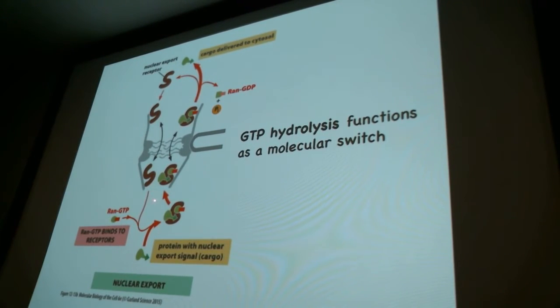The binding of the protein to the receptor is allowed in the presence of RAN-GTP. Then when this RAN-GTP plus protein starts moving out, when they get to the area in which there's RAN-GDP, the protein is kicked out of the receptor. So it just works the other way around with different receptors, of course, because they have to react very differently to the binding of RAN-GTP. And this is how the traffic is controlled in and out.